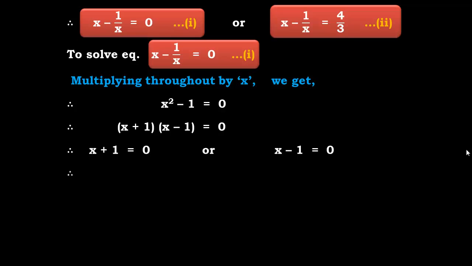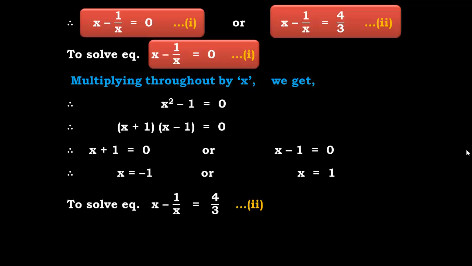Therefore, x is equal to minus 1 or x is equal to 1. Now we have to find the next values of x to solve the equation x minus 1 upon x is equal to 4 upon 3, equation number 2.